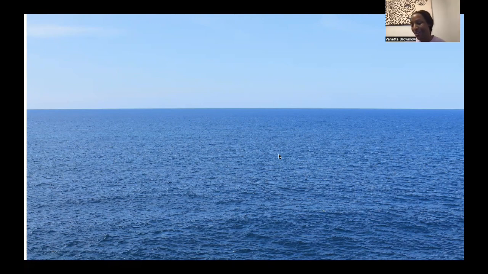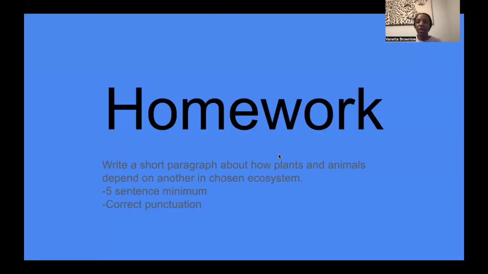So tonight, of course, you know Miss Brownlow loves giving you guys homework. Your homework for tonight is to write a short paragraph about how plants and animals depend on each other in your chosen ecosystem. You can choose the ecosystem of your choice. You have to write at least 5 sentences telling me how the plants and the animals depend on each other in the ecosystem.